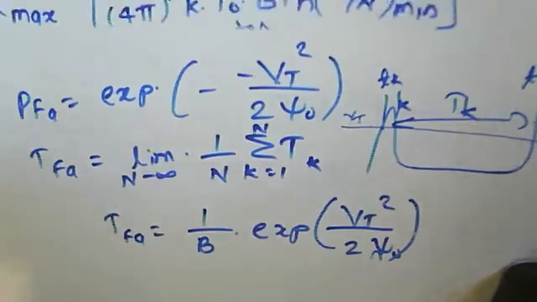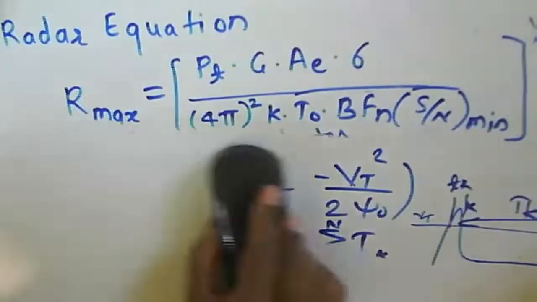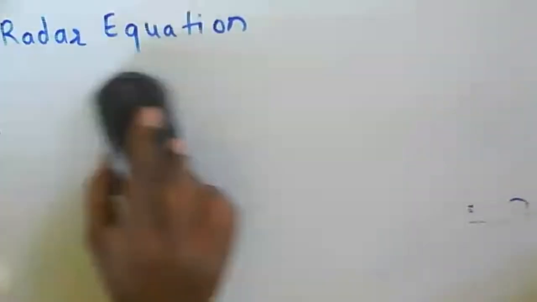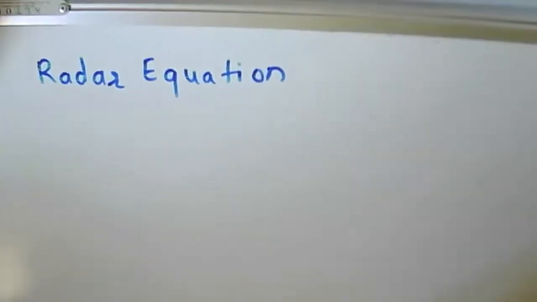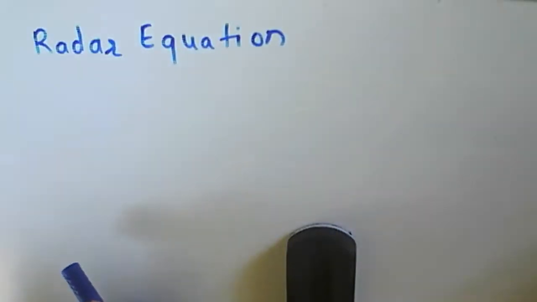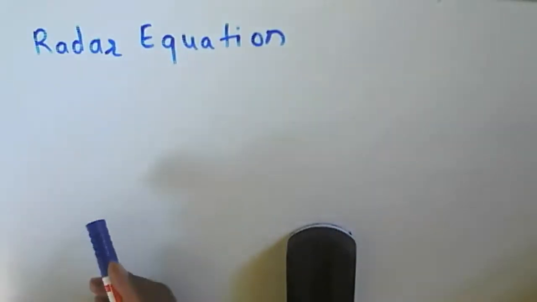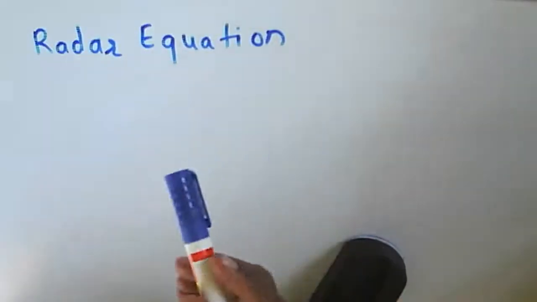The next topic we should consider is that we need to modify the radar equation with respect to the minimum detectable signal, and then we need to consider the modified radar equation with respect to how many pulses we need to find out here.